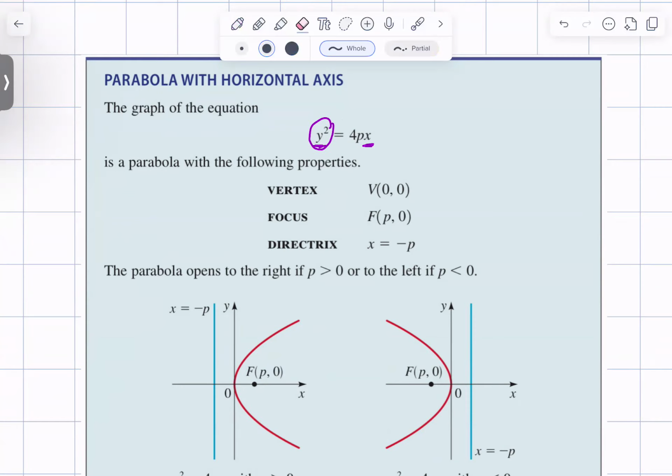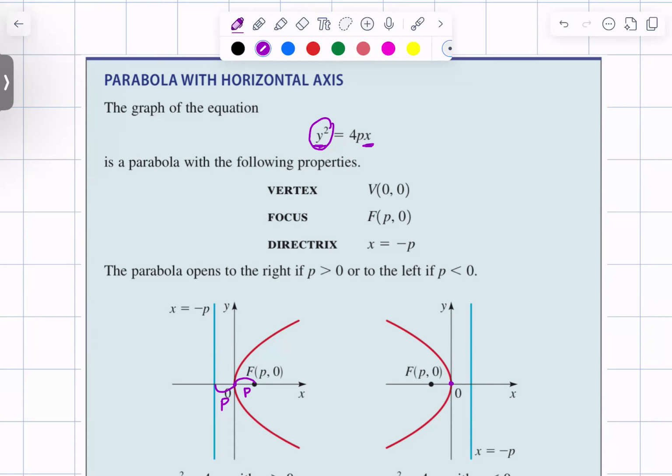If there's one x value that correlates to two y values, it's going to be facing left or facing right. And your vertex again is at 0, 0. And this is your p value again, where your focus will be p comma 0.